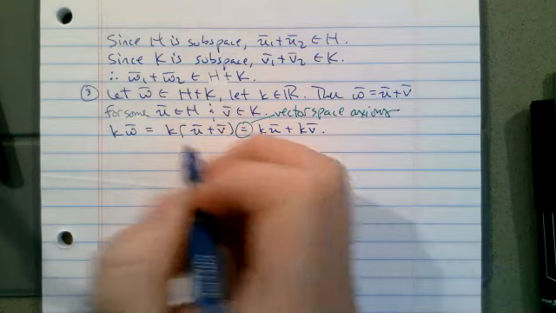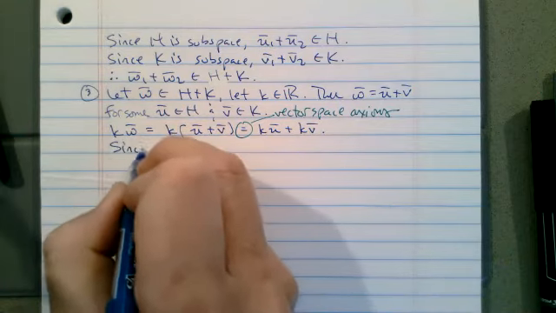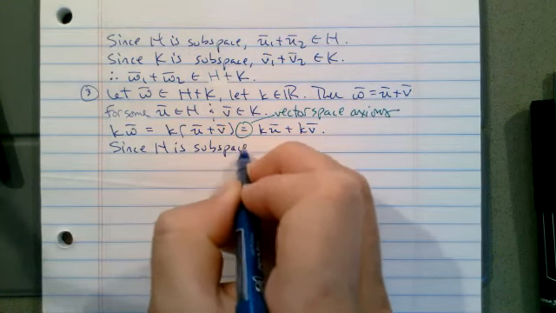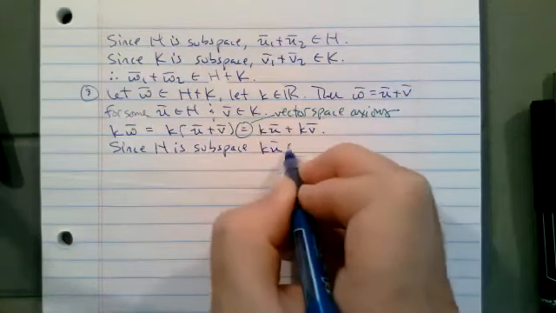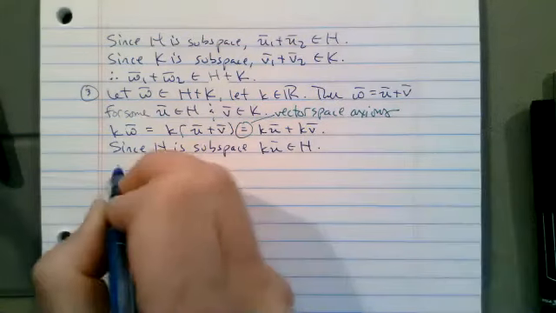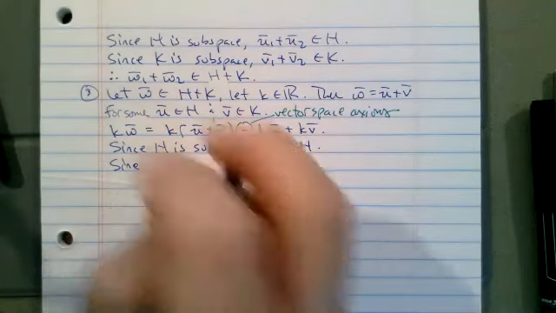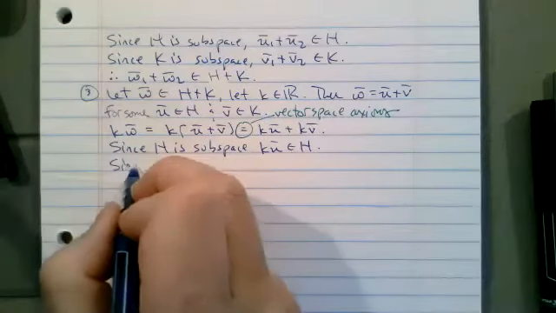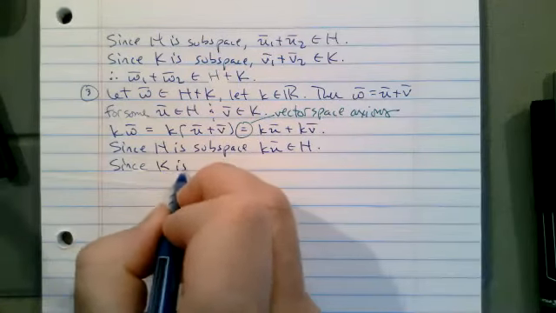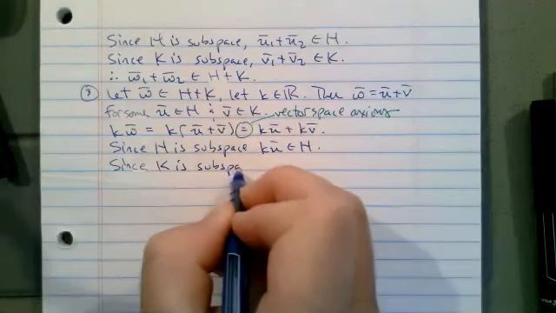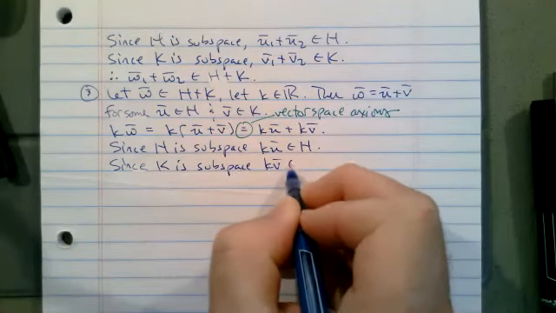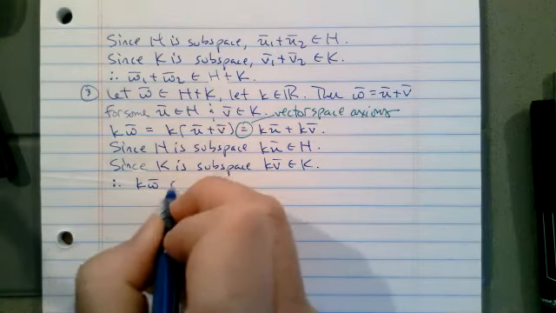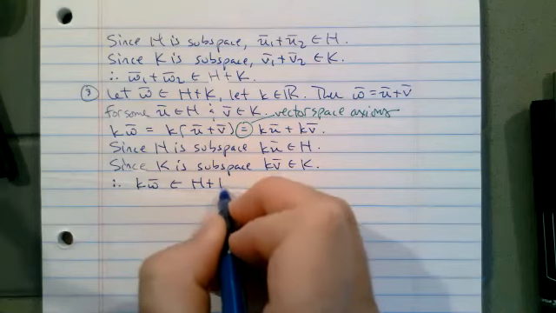Since H is a subspace, KU is in H. Since K is a subspace, KV is in K. Therefore, KW is in H plus K.